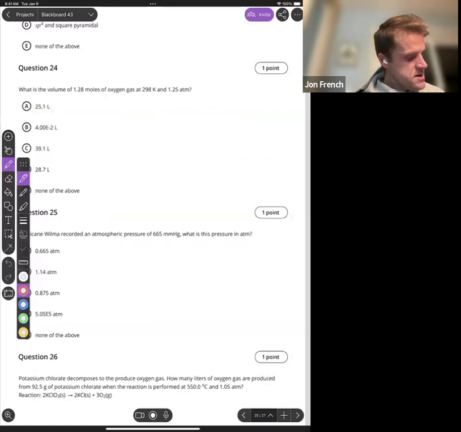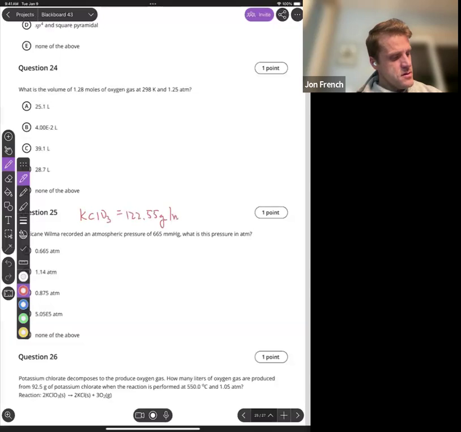All right, question 26, potassium chlorate decomposes to produce oxygen gas. How many liters of oxygen gas are produced from 92.5 grams of potassium chlorate? So very similar to the problem we did in class. Potassium chlorate, KClO3, I think it's 122.55 grams per mole from the problem we did in class.